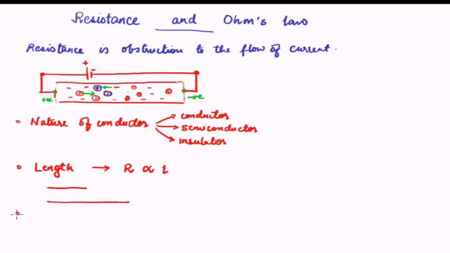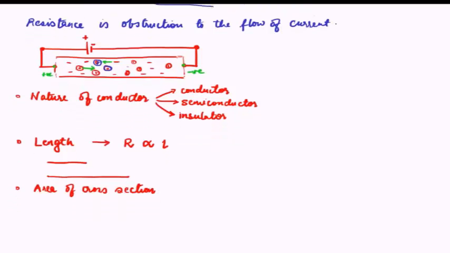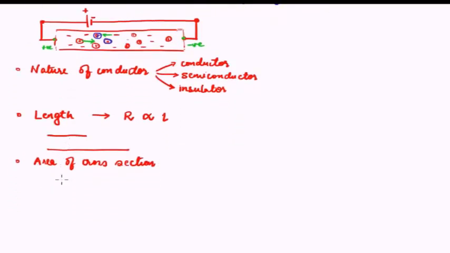Third factor is thickness of the conductor, or area of cross section. To understand this, let us see the example of two wires, one having a thin cross section, something like this, and another wire we have of thicker cross section but same material and same length.